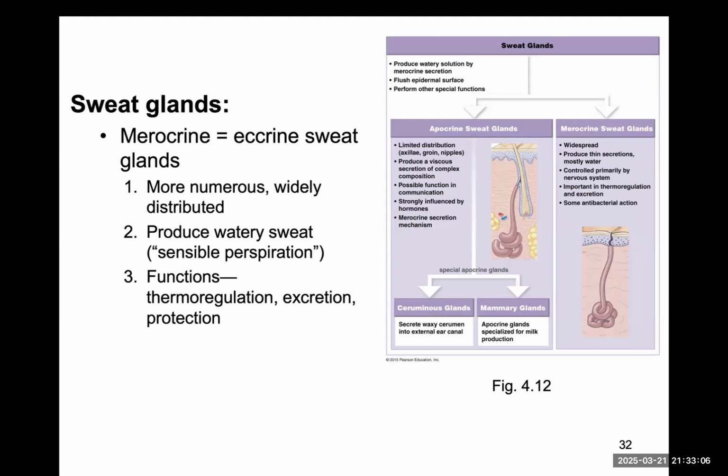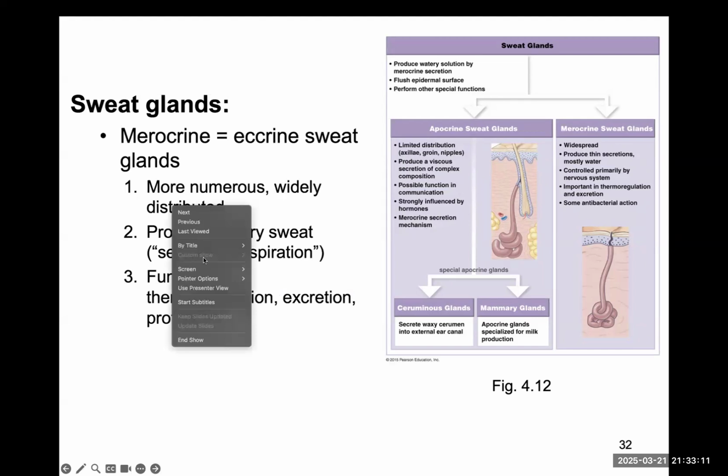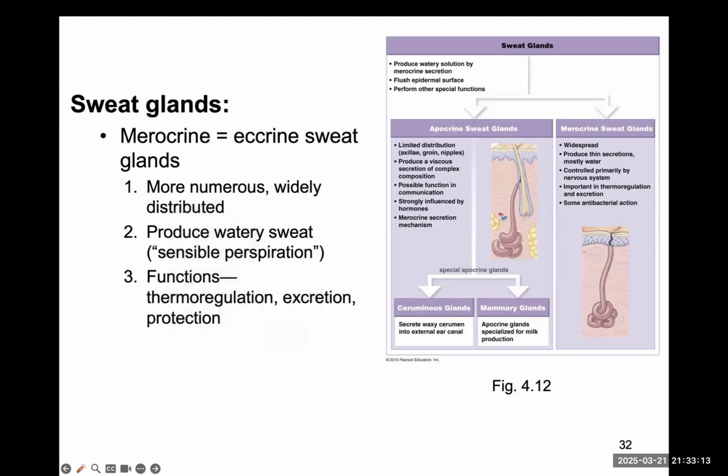They have a secondary function, which is excretion. And if you remember, excretion was for waste. If you have toxins in your body, then these merocrine glands will excrete them onto the surface of your skin, and that's going to be gotten rid of.